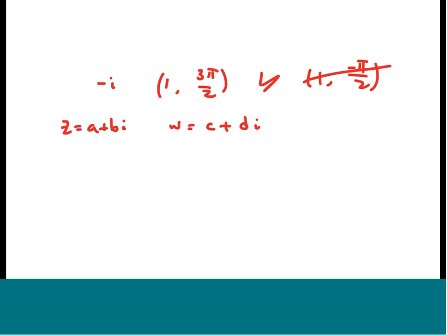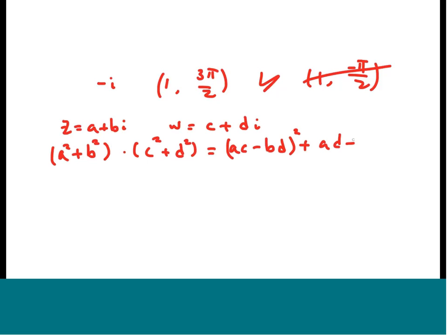Then essentially you need to prove that a squared plus b squared times c squared plus d squared equals AC minus BD squared plus AD plus BC squared. So the key is the cross terms cancel out.